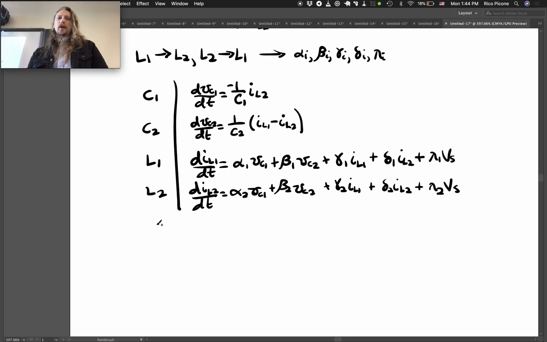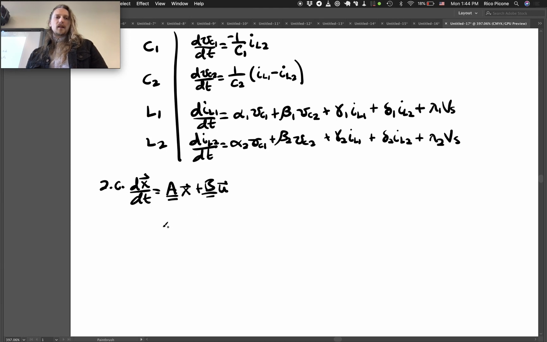And here we go. So now I need to do 2c, which is the standard form of the state equation. So it's dx/dt equals the A matrix times the x vector plus the B matrix times the input u vector.